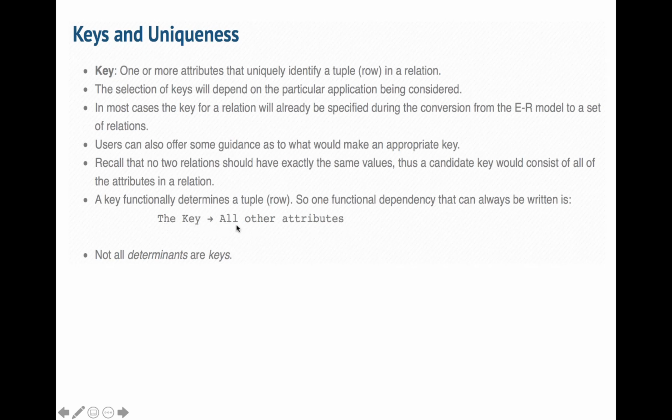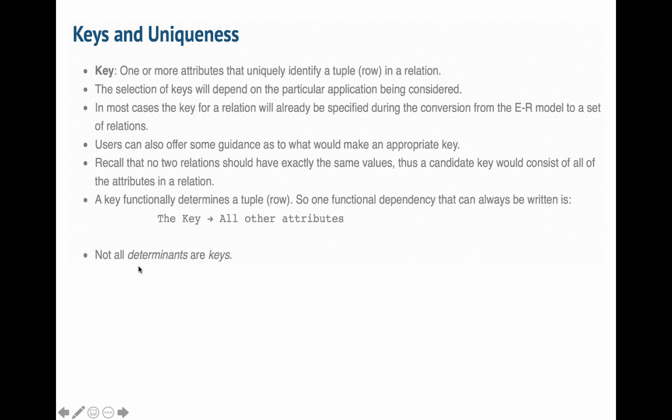The answer is yes. If you have the primary key, then you can tell all the other attributes. This functional dependency is present in all relations, and it is allowed.